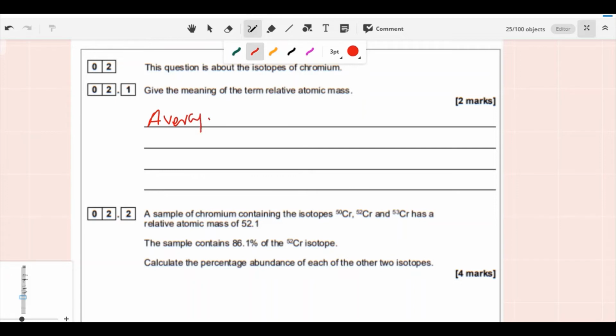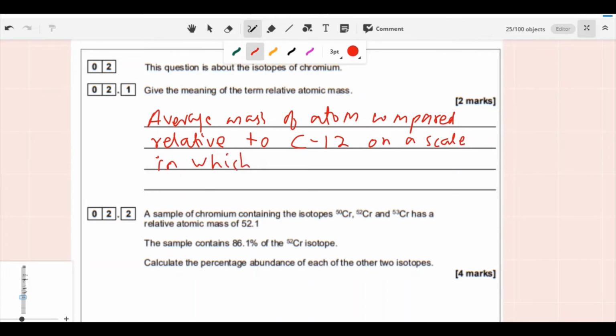Here I am going to write: average mass of atom compared relative to carbon-12 on a scale in which an atom of carbon-12 has a mass of 12.